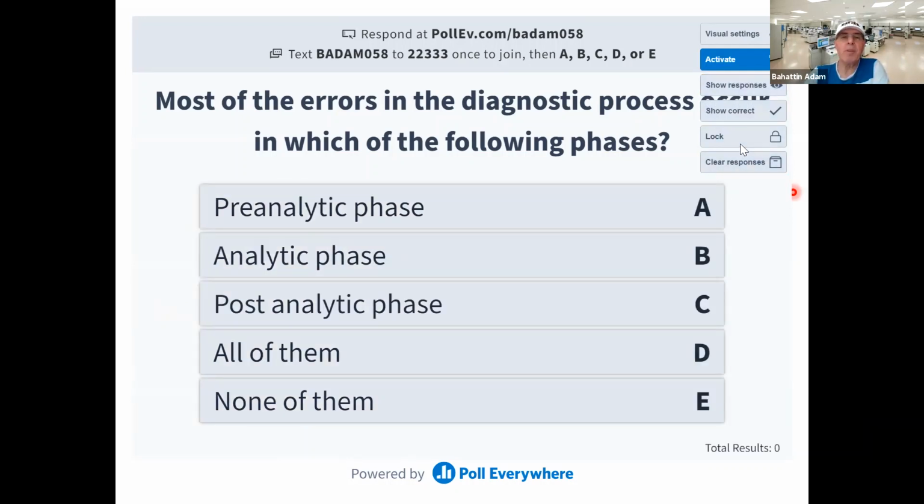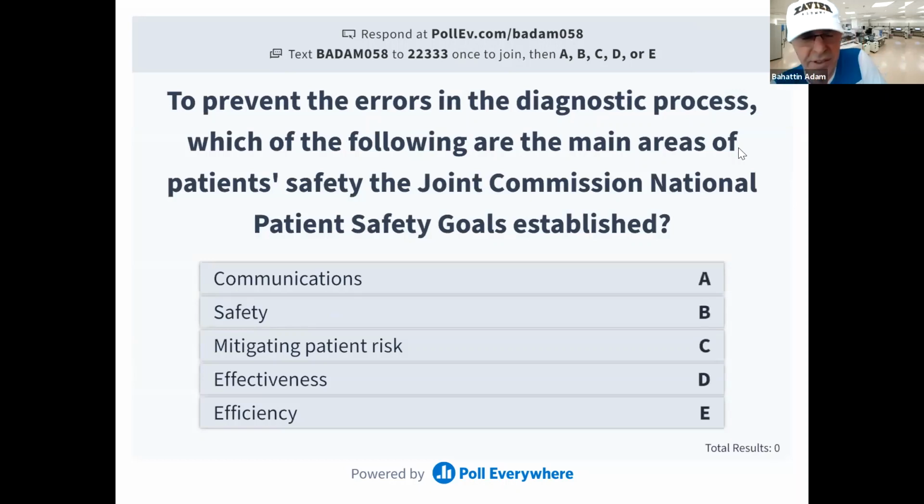Okay. Another question: to prevent the errors in the diagnostic process, which of the following areas of patient safety did the Joint Commission National Patient Safety Goals establish?